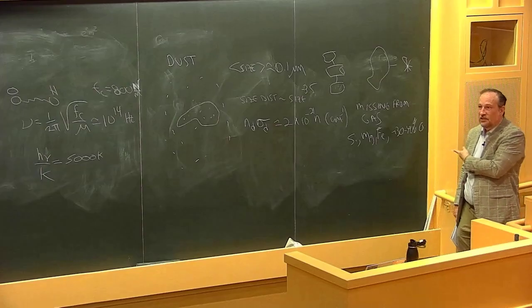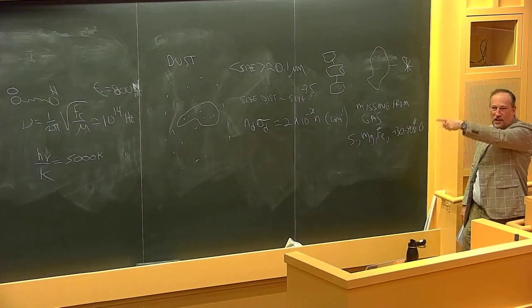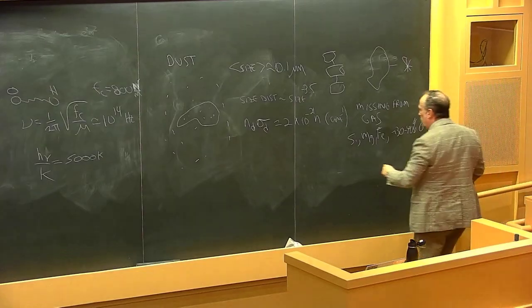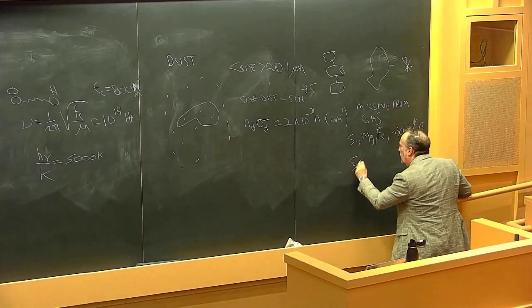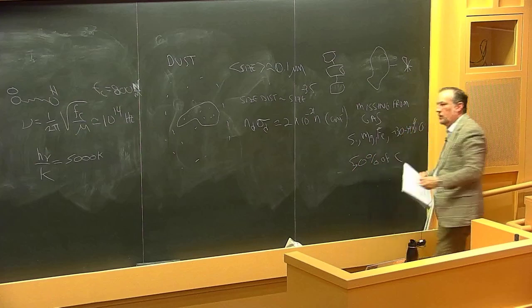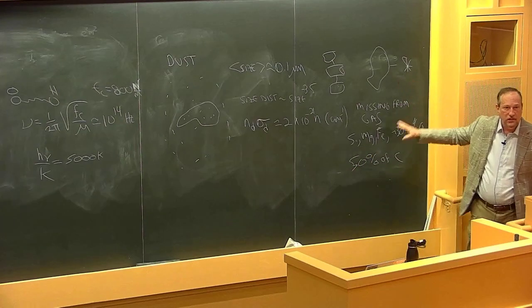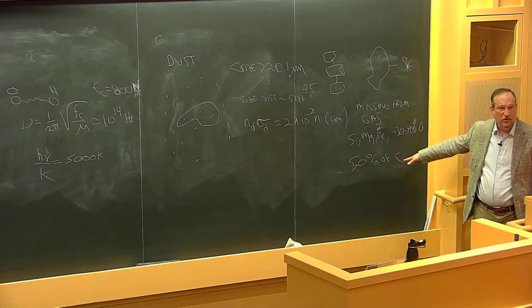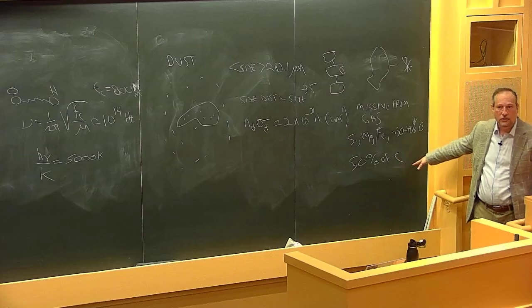That's silicates, right? Just go down to the beach there. And the other thing that was missing was about 50% of the carbon. So interstellar grains out there are mostly silicates and some sort of, probably, hydrocarbon.